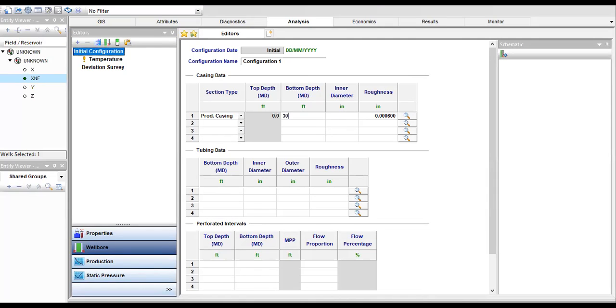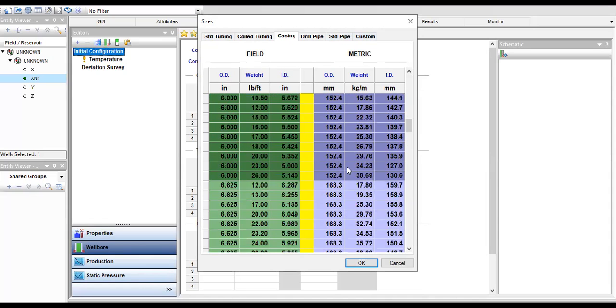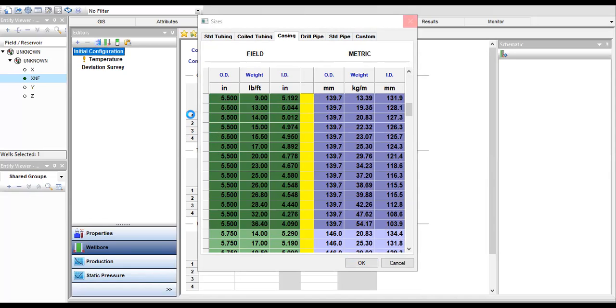Okay, so 10 and 3/4 inches. In the catalog, you can choose standard tubing, coil tubing, casing, standard pipe, and custom. If I check my data, for my data, J55. Okay, so I will select the weight, 50.